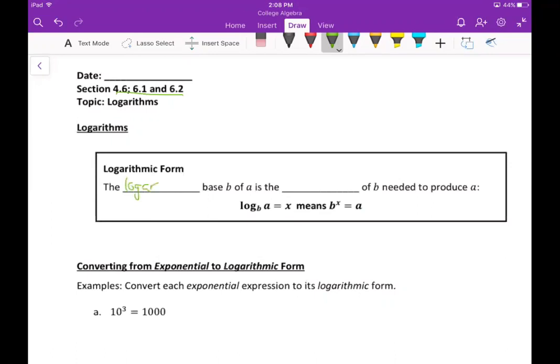A logarithm, which often we just call a log, is a function, and it has a base, b, kind of like an exponent has a base. So the logarithm's base is called b, and we write that base as a little subscript next to the log. And it's of a, kind of like a function of a, so this would be the logarithm base b of a.